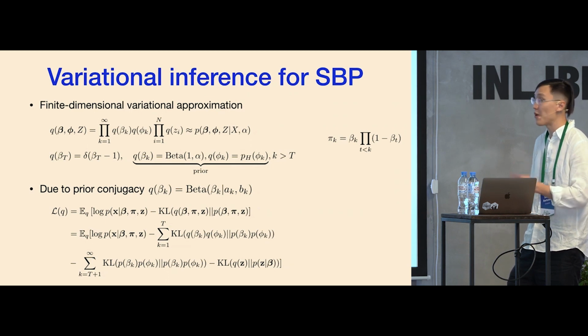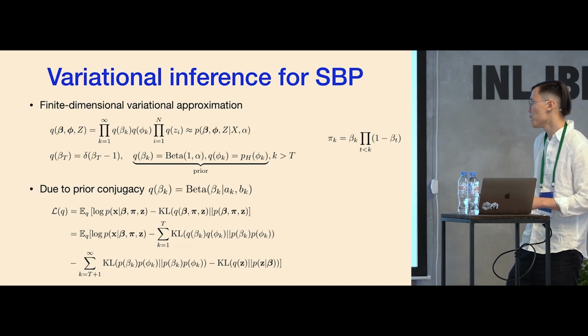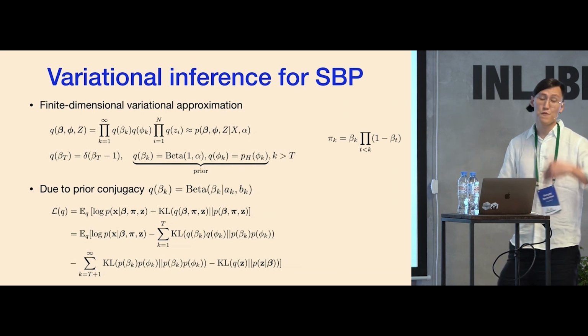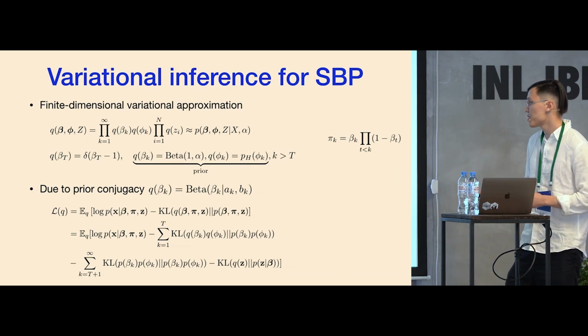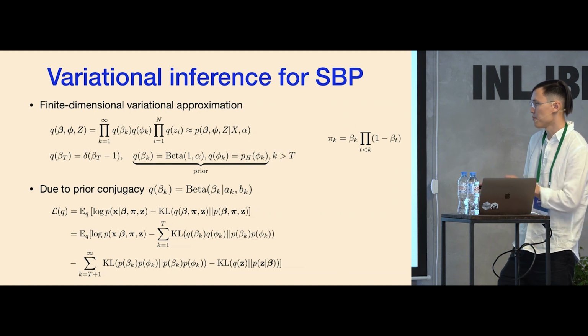1 to T. So we enumerate all clusters from 1 to T, and we have this KL between Q of beta and Q of phi and P of beta, P of phi, and the second sum from T plus 1 to infinity. And because we set this, oh sorry, this should be Q, there is a typo.